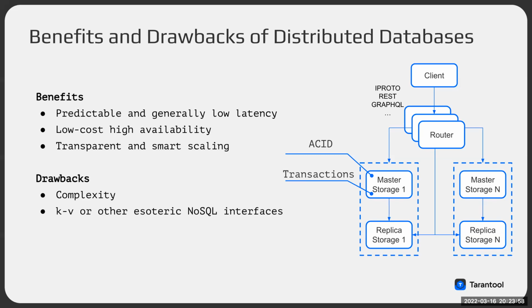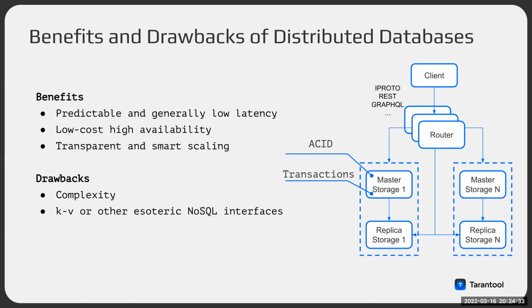We have a master storage and replica storage in the most simple of scenarios, and a number of routers that linearly scale the requests from clients coming to our cluster. And keep in mind that if we are using in-memory storage for the actual storage of our data, we get predictable and generally low latency.